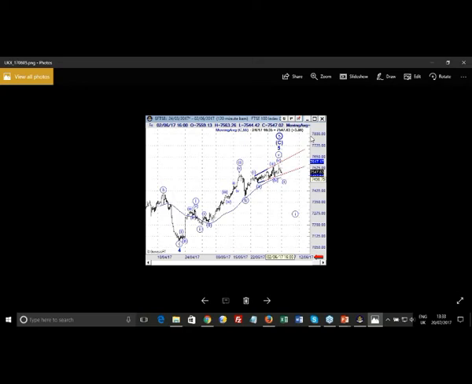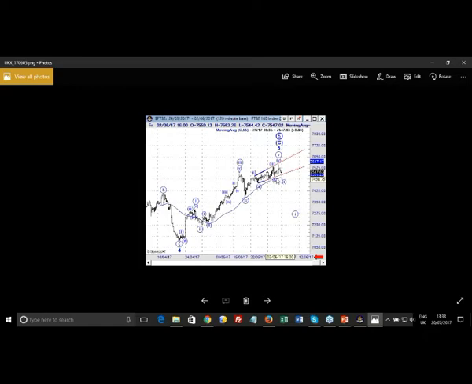Now, the only variation here is that wave 5 is not an impulse wave. You can see that wave 1 is an impulse wave because 1, 2, 3, 4, 5, and wave 4 doesn't overlap wave 1. Wave 3 is an impulse wave because wave 4 does not overlap wave 1, but here wave 4 overlaps wave 1.